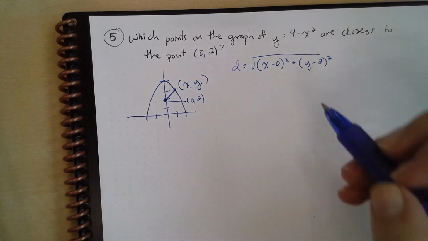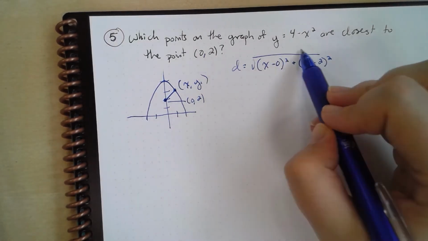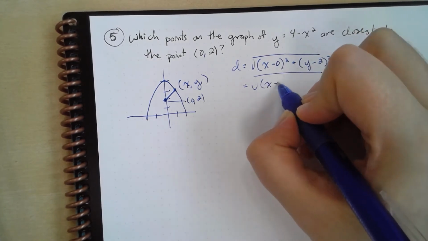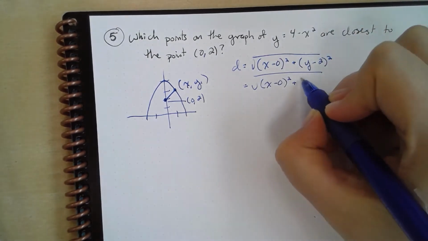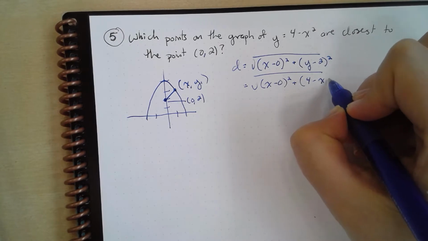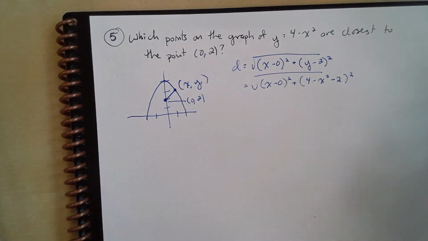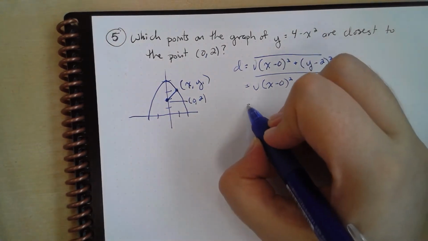Well, y is equal to what? We can actually substitute in for y. So our distance is equal to the square root of (x minus 0) squared plus (4 minus x squared minus 2) squared. Does that make sense so far? All right, so I'm going to clean this up a little bit.